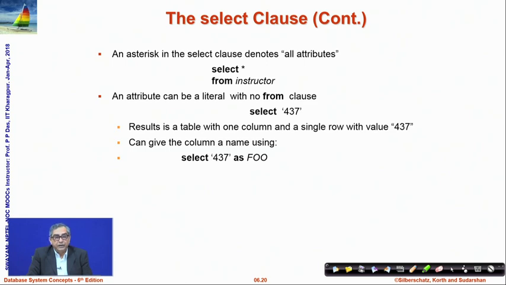If you do that, then it will simply return a table with a single row having that literal value, and you can also rename that column using what is known as the as clause. So, this will give you a table foo where there is only one row, and that row has an entry 437.